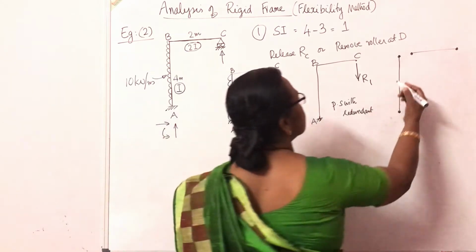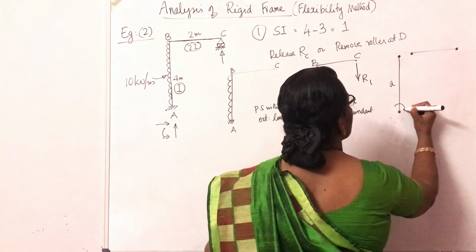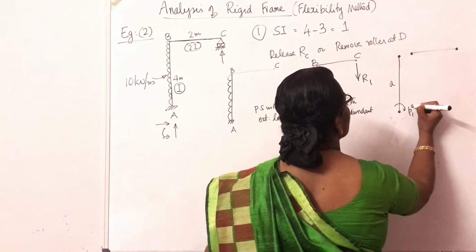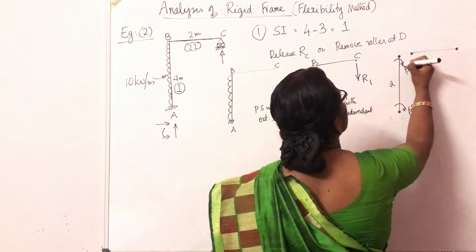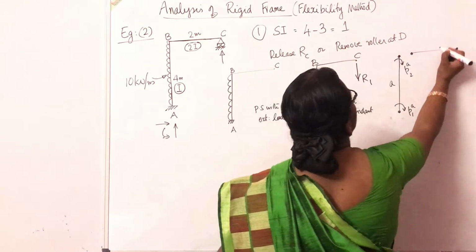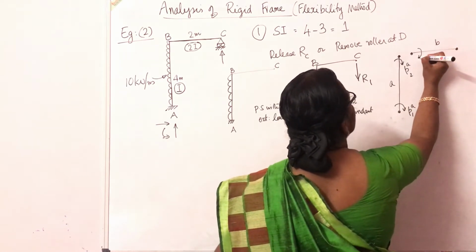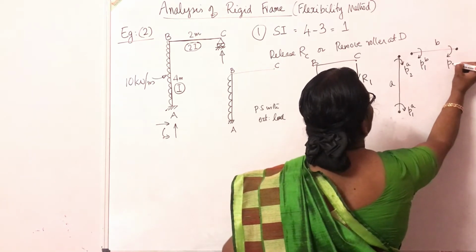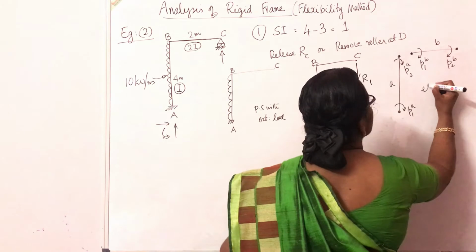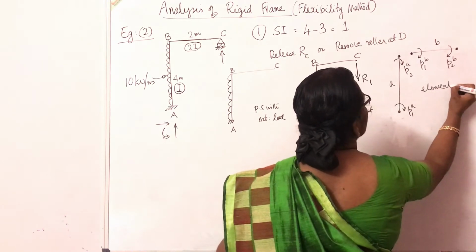I am going to take this as the first element, A. So this is P1 of A, clockwise moment. This is P2 of A, clockwise moment. Second element B, this P1 of B and P2 of B. This is called the element coordinates.